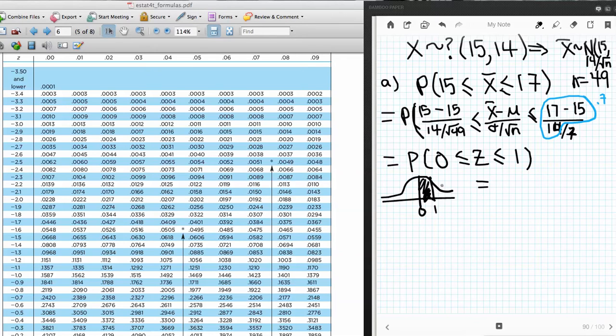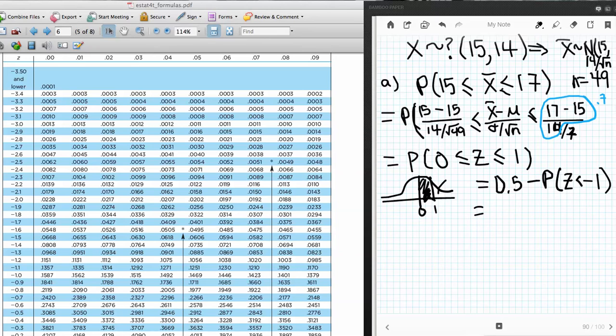So I'm going to be finding half the distribution here minus what's in the tail over here. I'm going to find what's in the tail over there by looking in a negative z-table, because that's what I have here, and I'm going to find that by looking for less than a negative 1.